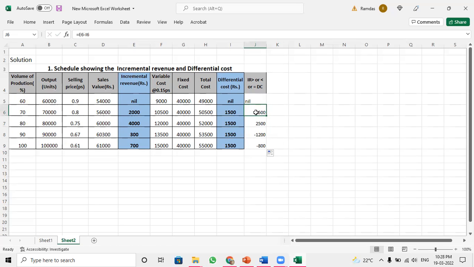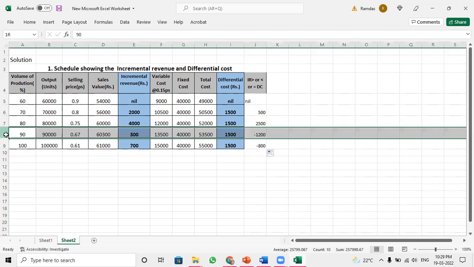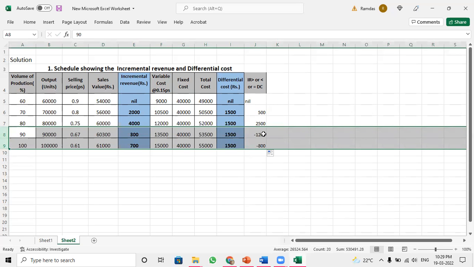When I find the difference at 70% level of capacity, my IR, incremental revenue, is more than the differential cost by 500. And at 80% capacity, my incremental revenue is more than differential cost by 2,500. But when you look into the 90% capacity, the incremental revenue is much lesser than the differential cost.